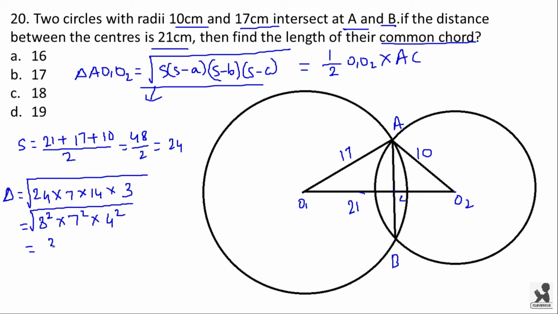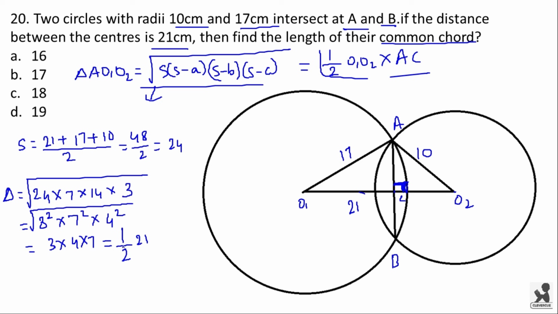So the area is 3 into 4 into 7. This will be equal to half into base into height. The base is given as 21 centimeters here. You know that this is perpendicular, so I am continuing with it. The common chord and the line connecting the centers will always be at 90 degrees. So that's the reason why we are applying this formula.